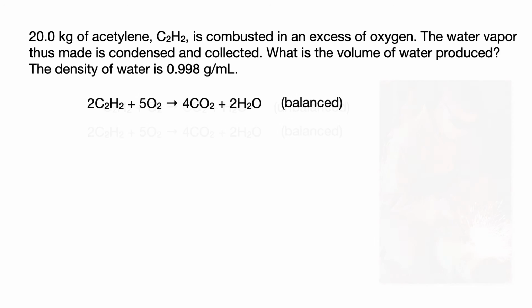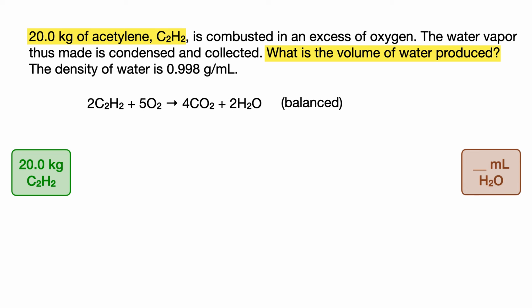And so that is the reaction that we're going to need to use. So the problem tells us that we're starting with 20 kilograms of acetylene, and what we want to find out is the volume of water. I've got this in milliliters. If we end up with a volume in liters, that's fine too.